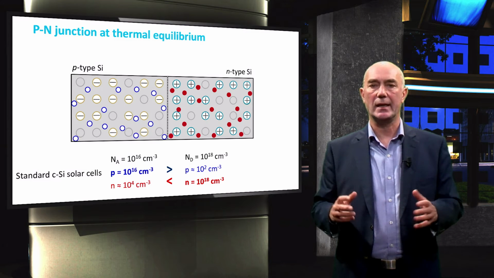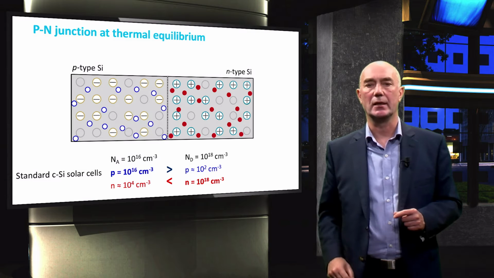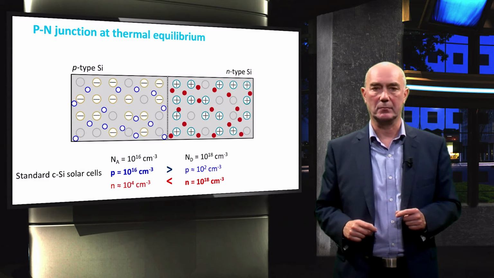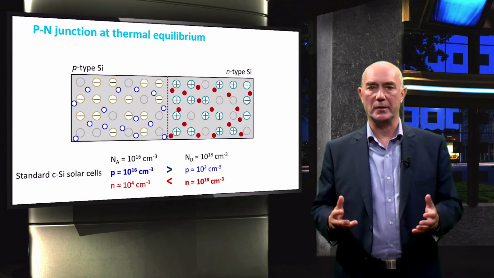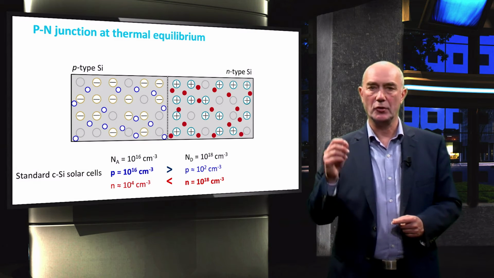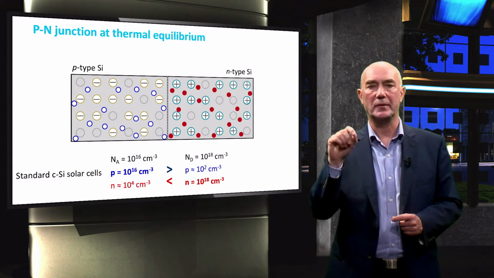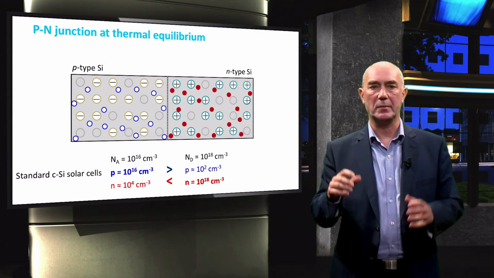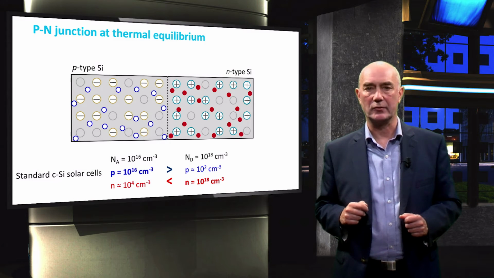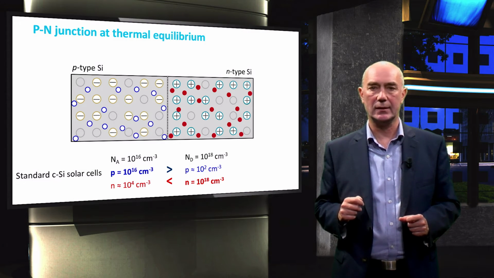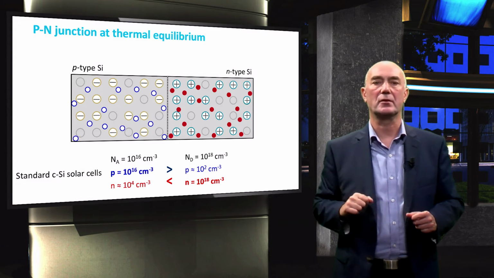We could also say that 1 in every million silicon atoms is replaced by a boron atom. If we assume all dopants are ionized, the concentration of mobile holes has the same value of 10^16 per cubic centimeter. We calculate the electron concentration in the p-type crystalline silicon, which is around 10^4 per cubic centimeter.